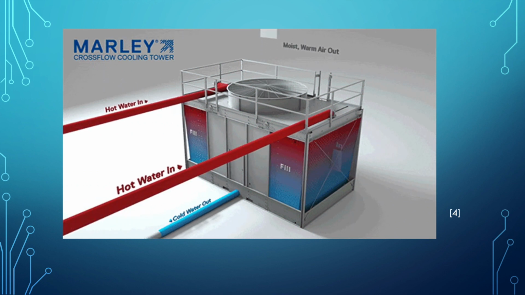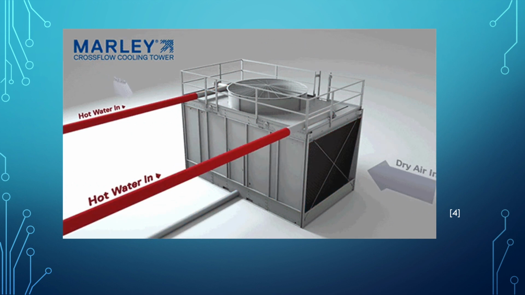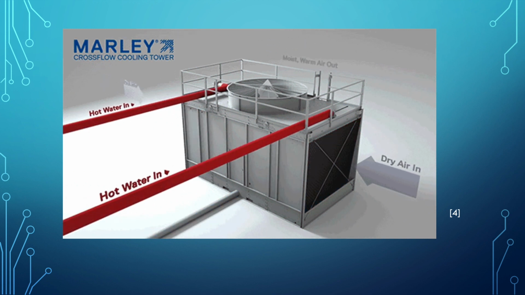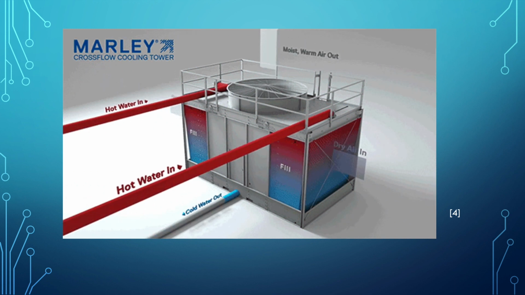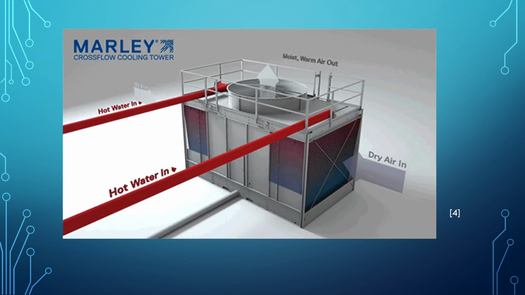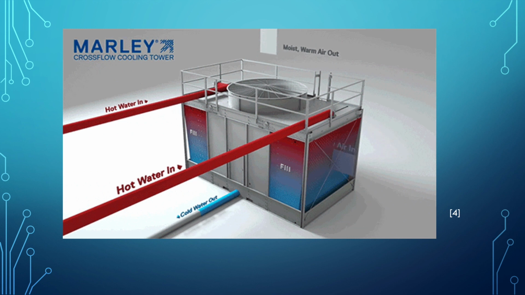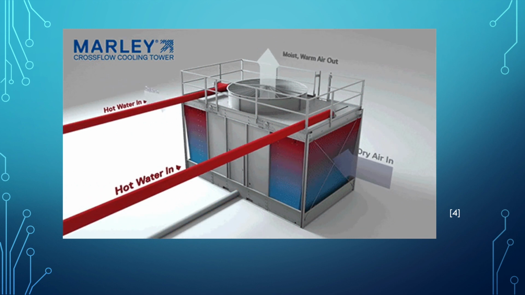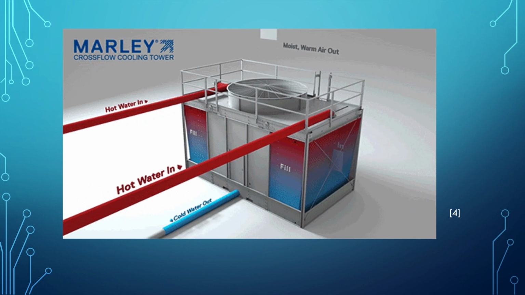They interact, they fill up in those fill basins in the collection basin at the bottom. The cold water runs out, which then obviously cycles back through the system. But as it collects, in the middle is where small portions of water are evaporated and go through the top. So this is the best picture and animation I could find, and it really made sense to me.